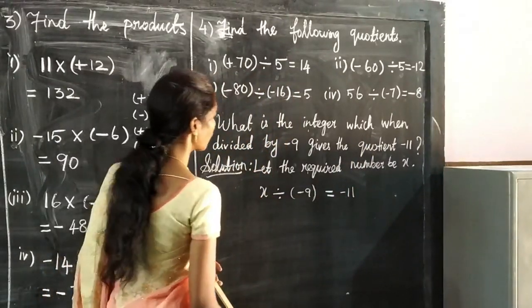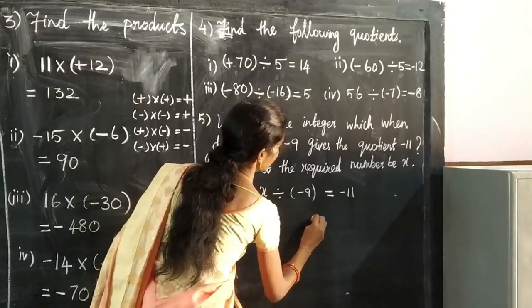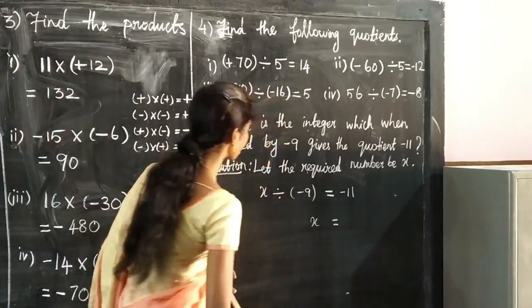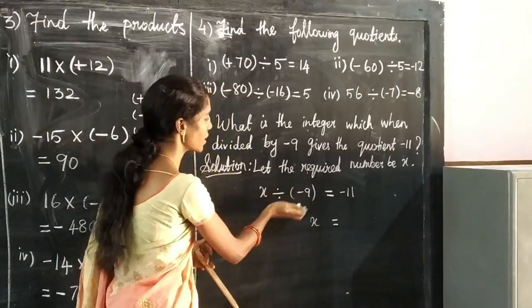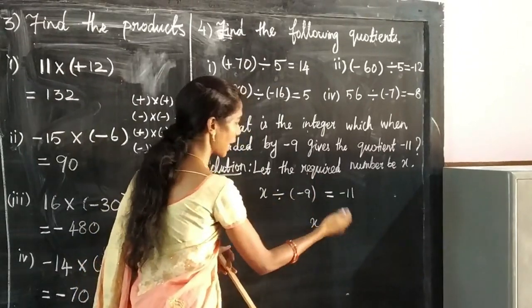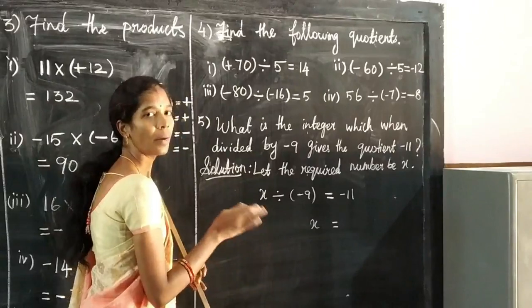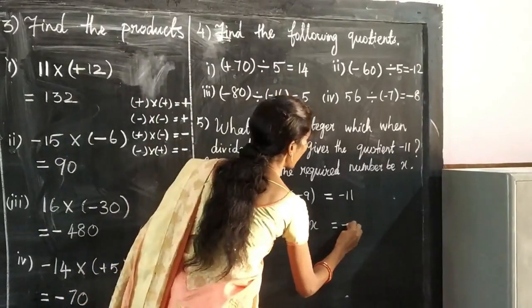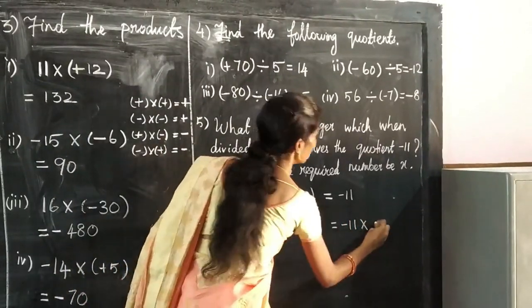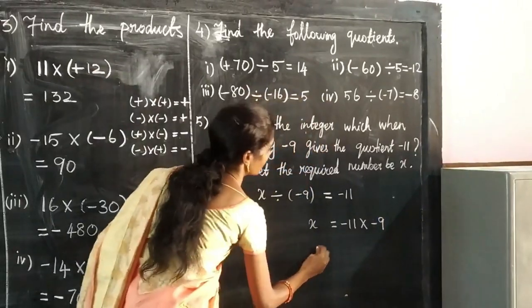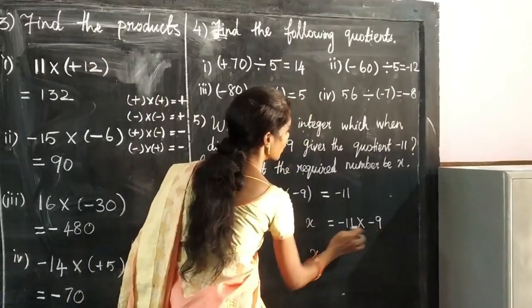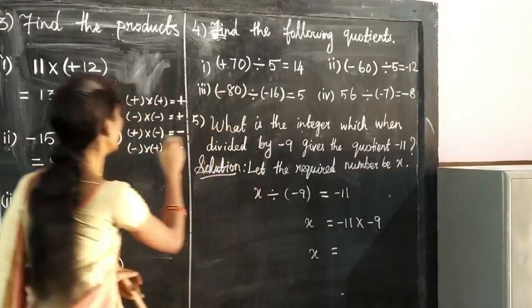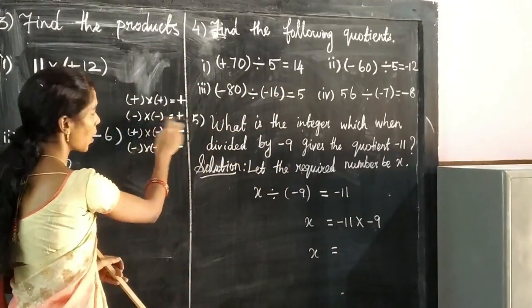Okay. So how can we write that? x equal to, and here the operation is division. When it goes to the opposite side, it will become multiplication. So minus 11 into minus 9. So x equal to minus into minus, both are negative integers, so we will get a positive integer.